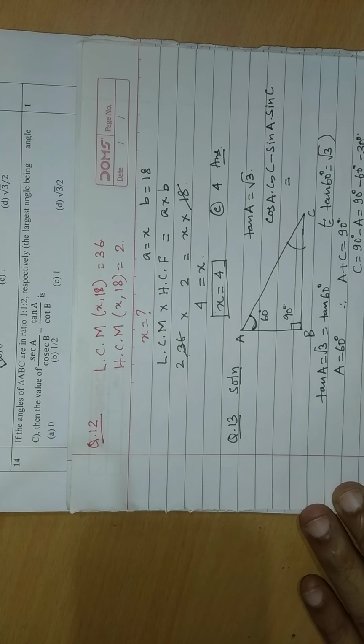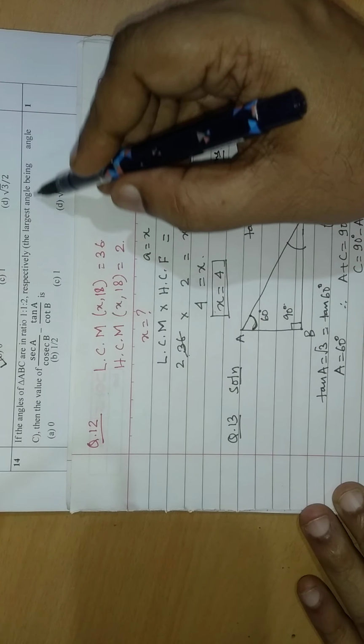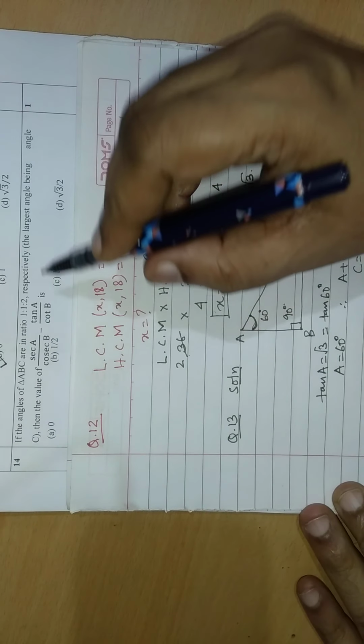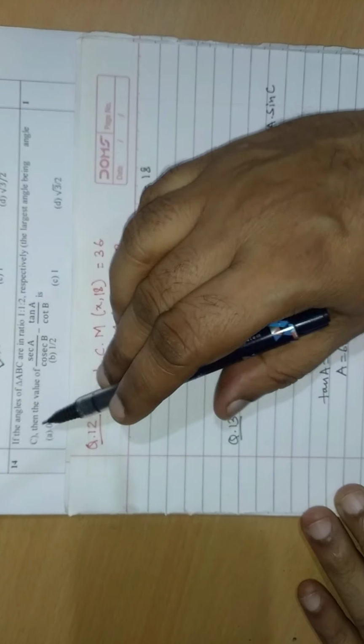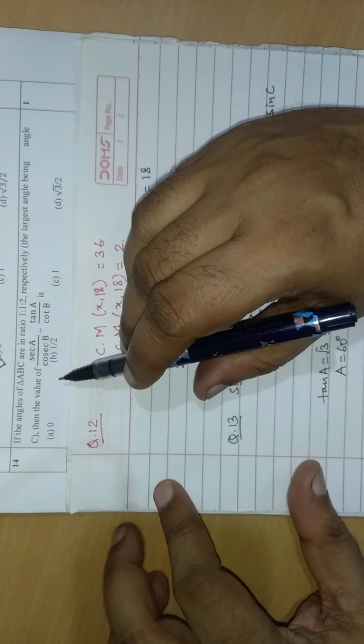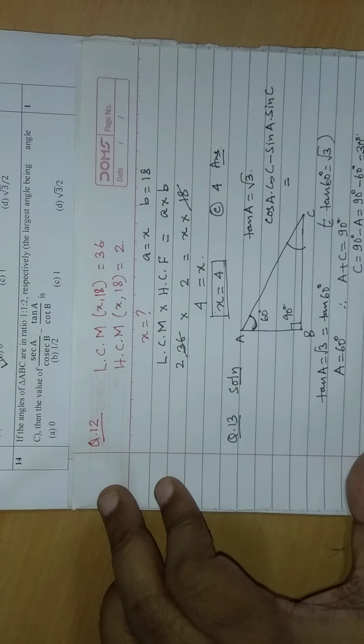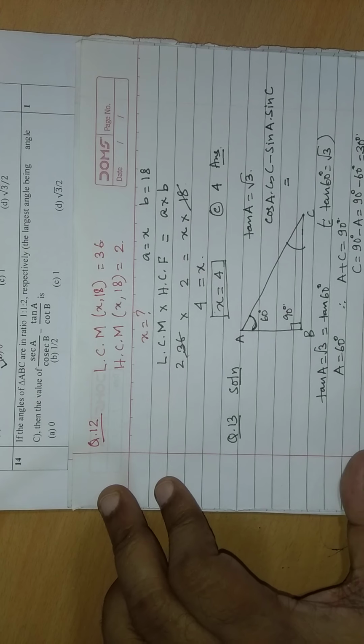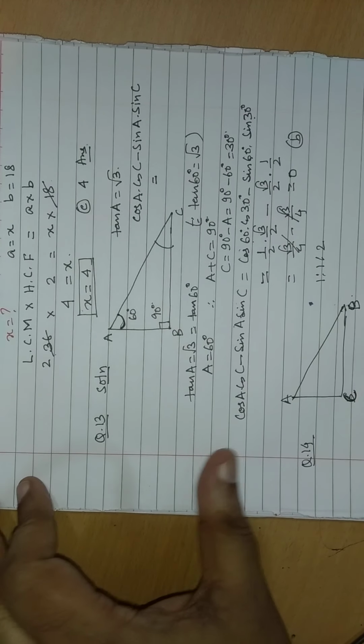1:1:2. So angle ratios are given. The largest angle being the angle C. The largest angle is angle C. So let us take ABC, as it is already given that it is triangle ABC. So largest angle is angle C. So I will write the triangle in this way. You just see here.